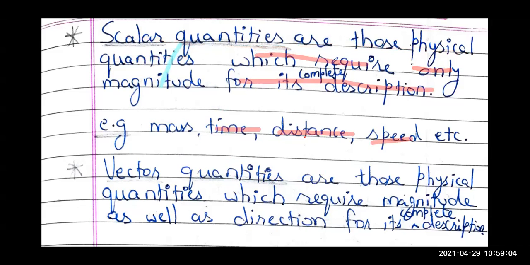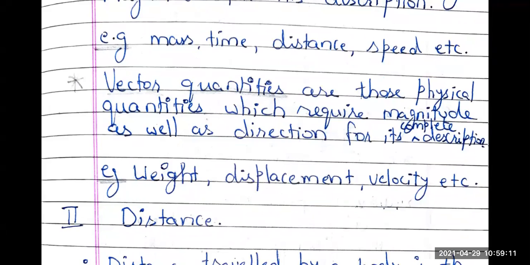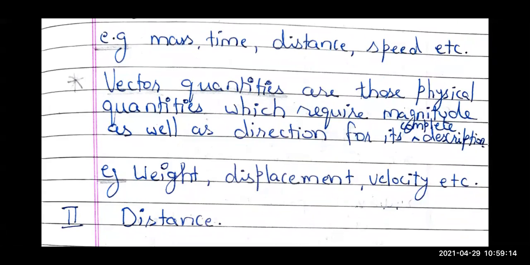Right? Now let's try to understand vector quantities. So children, vector quantities require both magnitude as well as direction. For example, if I talk about velocity, suppose you are moving in a car to some place, suppose Jaipur. You will say, ma'am, our car moved at the velocity of 70 kilometers per hour towards Jaipur.